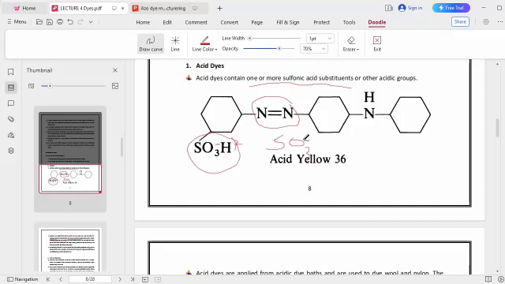SO3 minus. So the fiber now, let's say this is the fiber. For it to attach to this dye, it has to have some positive groups. It must have what? The positive groups.